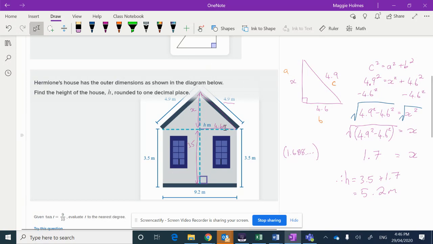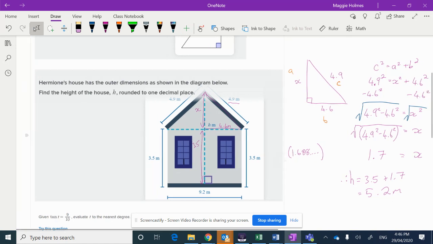In fact, if we look at this line here, which is supposed to be 4.9, that's supposed to be really quite close to this length, and you can see it's actually much longer. So for this to actually be 4.9, that actually has to be a lot shorter. So it would really, to scale, look more like this, and that would be a much shorter length there for x. It's like 1.7. And there's our final answer for that.